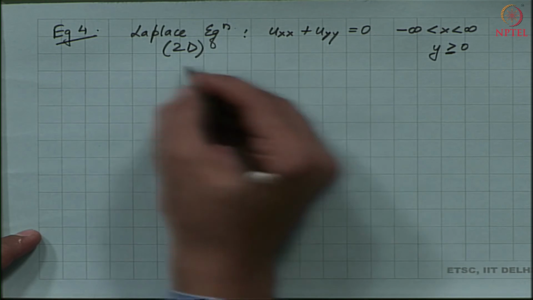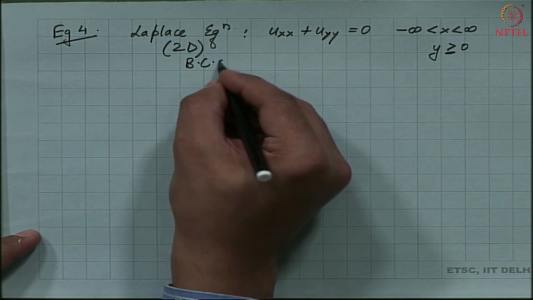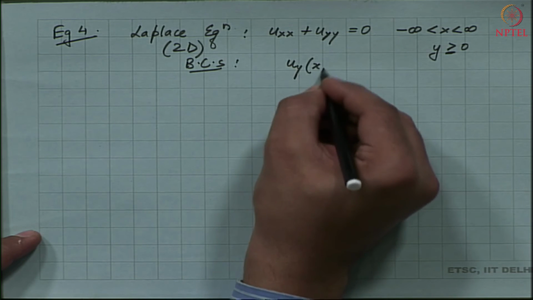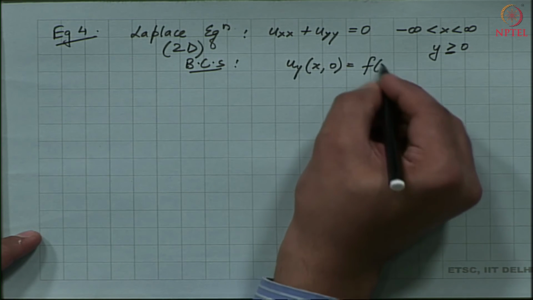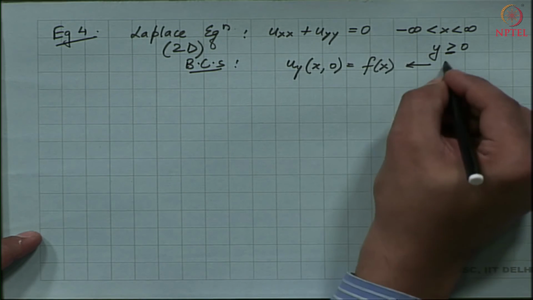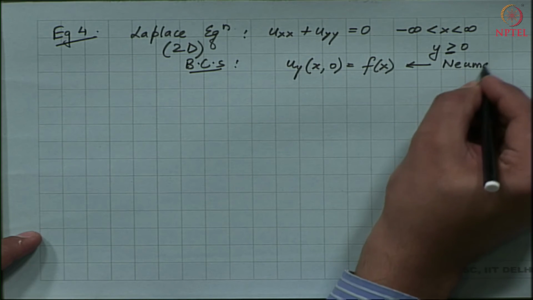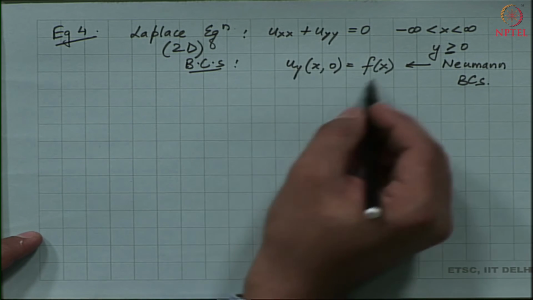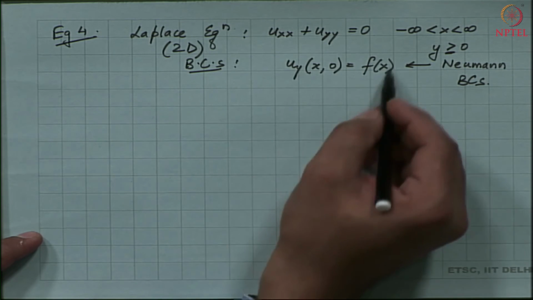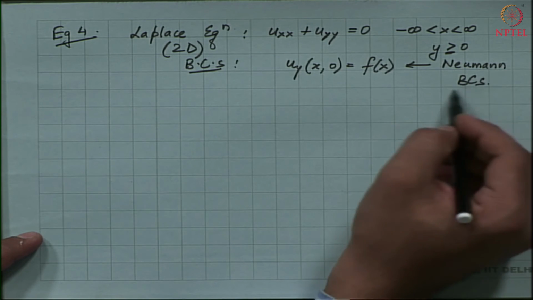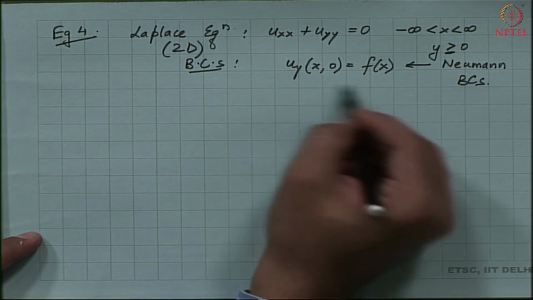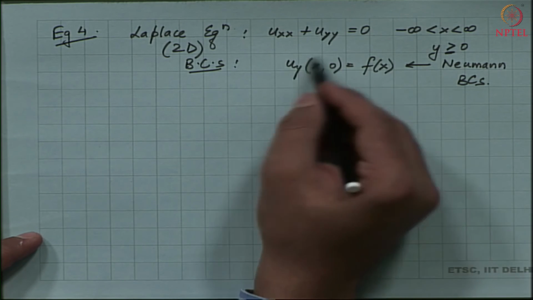And this time I choose my boundary conditions to be of the following form: u_y at x comma 0 is f of x. In particular, we call this boundary condition as Neumann boundary condition. So when I have a boundary condition in which the derivative is specified, that is a Neumann boundary condition. In one of the previous examples, we had the value specified at the boundary. So that is the Dirichlet boundary condition.